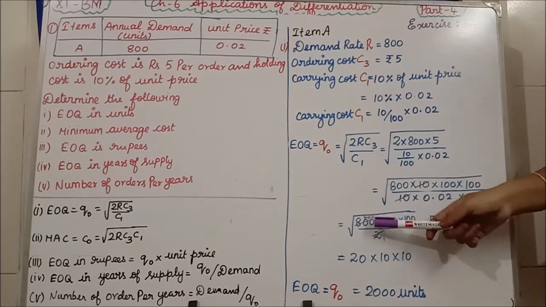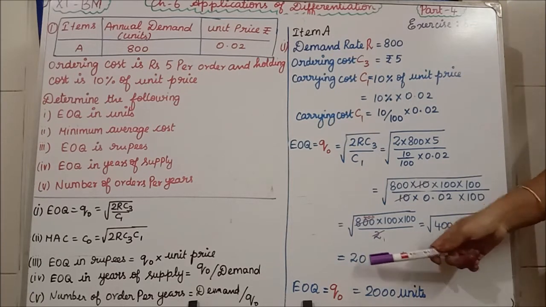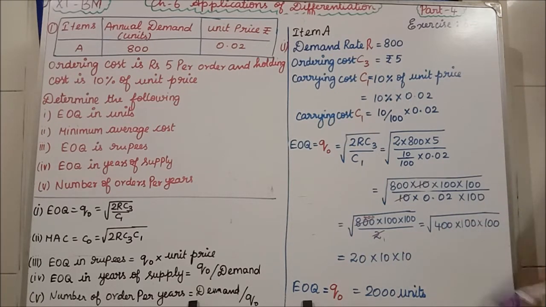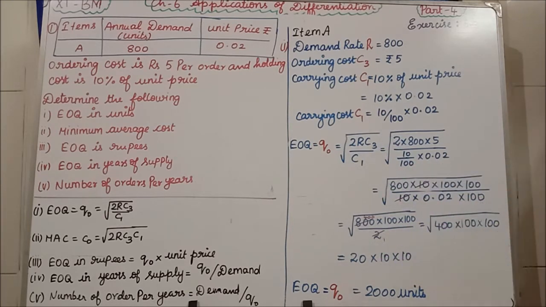Now we can cancel 2 and 800, and we get 400. Clear? So 400 into 100 into 100. For each value we have to take the square root. For 400 the square root is 20. For 100 the square root is 10. Similarly for the other 100, 10. 20 into 10 into 10, if you multiply, we get 2000 units. That is the EOQ, the Q naught value.